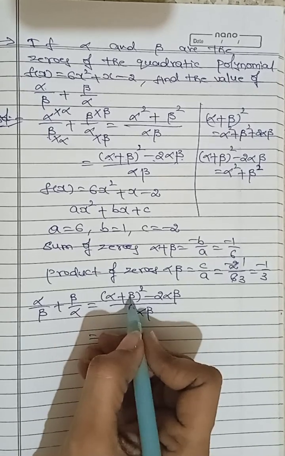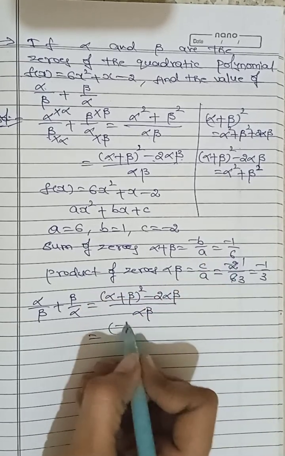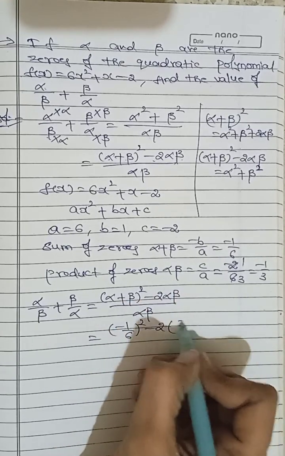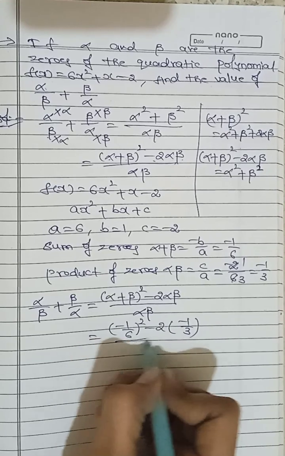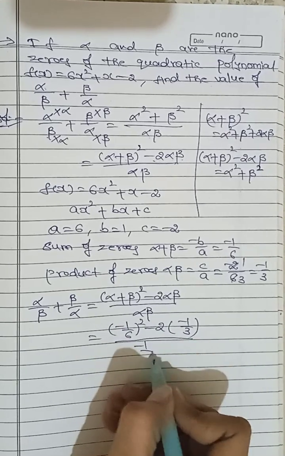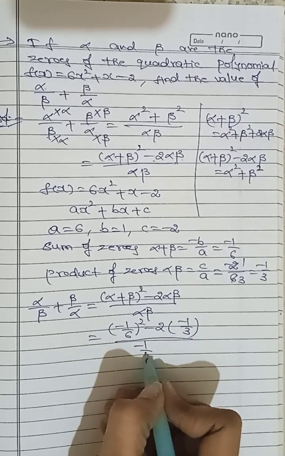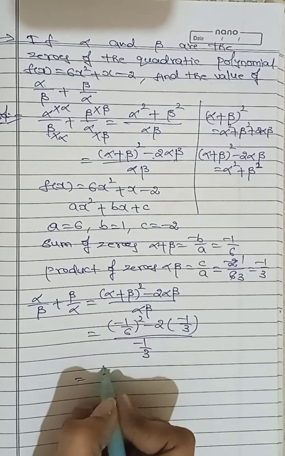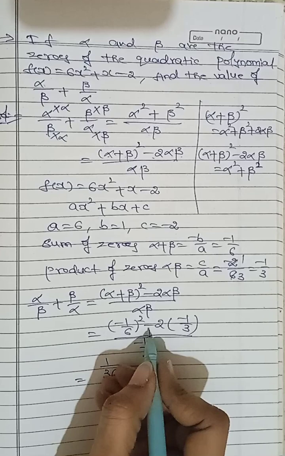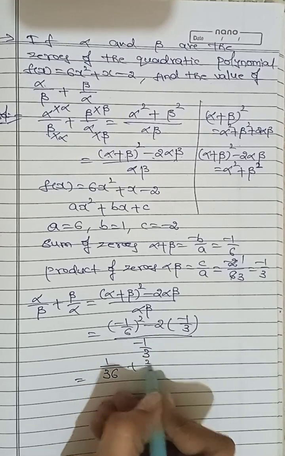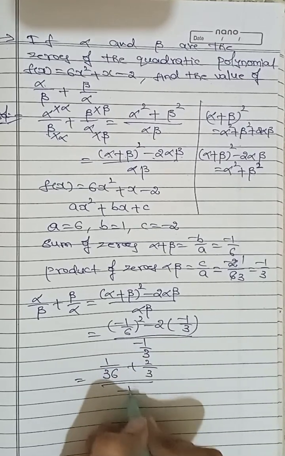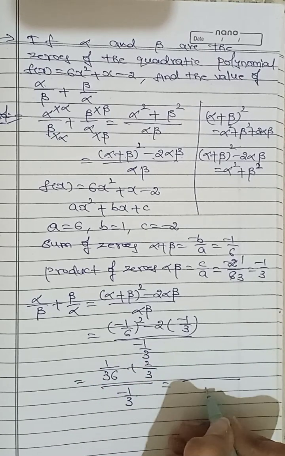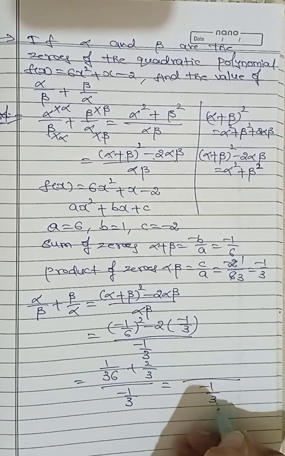That means the alpha plus beta value we got here is minus 1 by 6 whole square minus 2 into the alpha beta value, minus 1 by 3, by again the alpha beta value, minus 1 by 3. That is minus 1 by 6 whole square is 1 by 36, minus into minus plus 2 by 3, by minus 1 by 3.